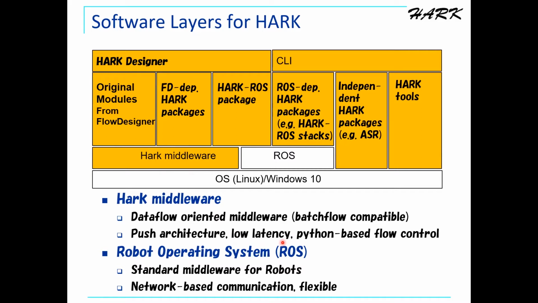Hark also has an interface to another middleware, ROS. In ROS, module integration is a little bit heavier than Hark because ROS core-based network communication is required. But integration with an existing system is easier since ROS is a standard middleware in robotics.